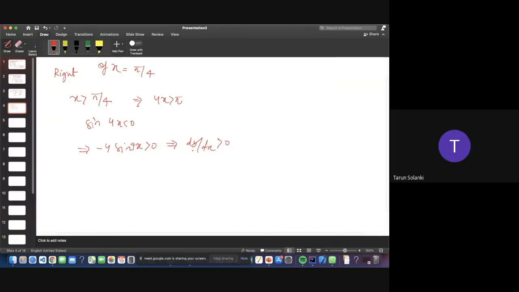Thus dy by dx changes its sign from negative to positive as x increases through pi by 4. So x equals pi by 4 is a point of local minimum.